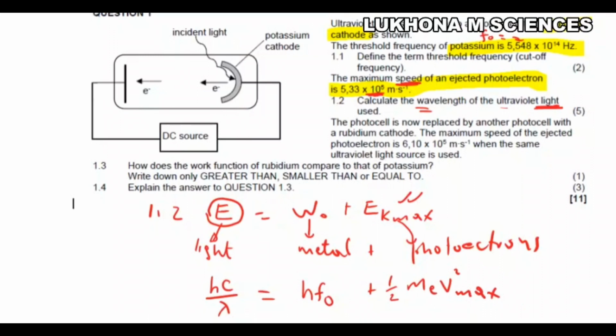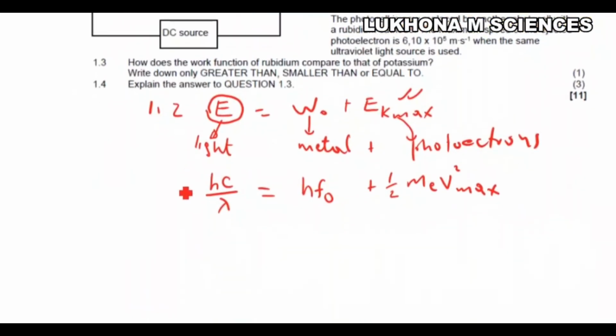Then let's substitute. h is a constant, 6.63 times 10 to the power negative 34, times c, which is 3 times 10 to the power 8, over the wavelength, which is what we are looking for.